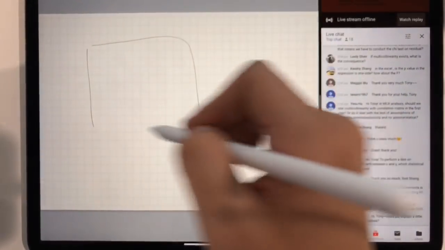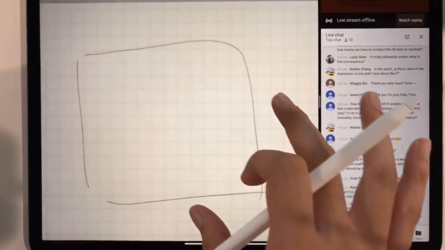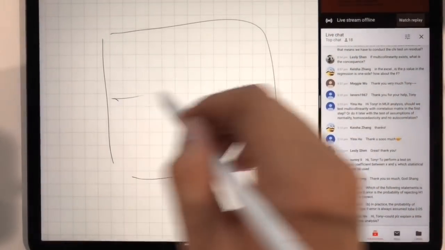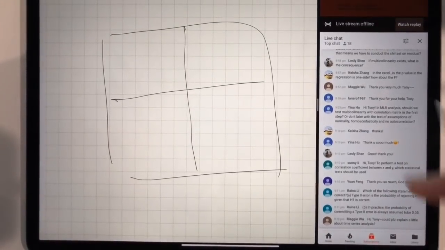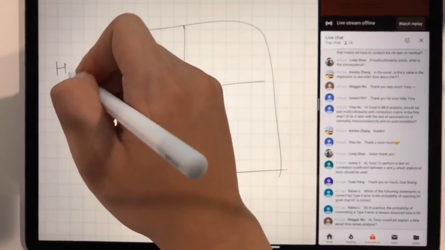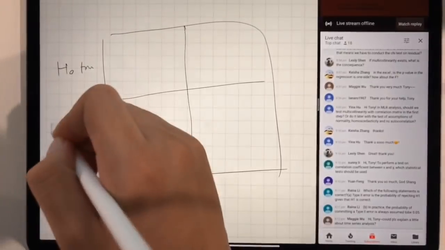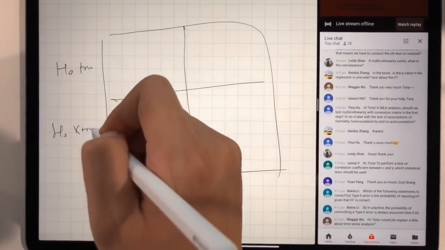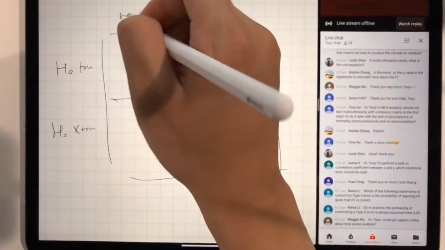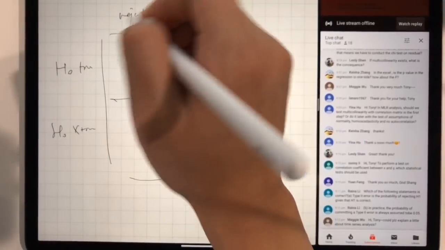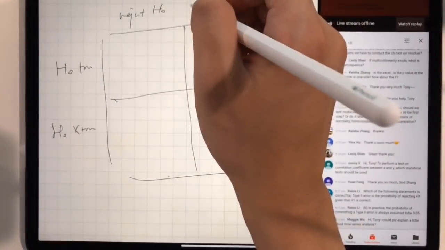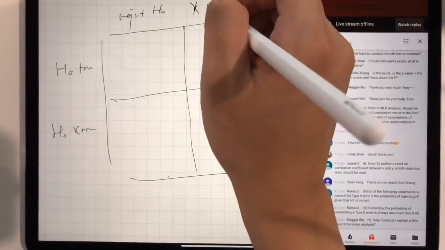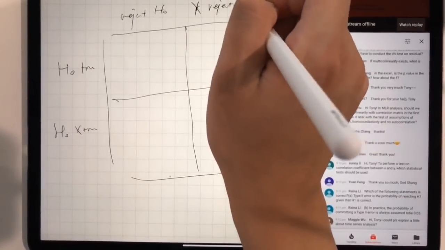So I can draw you a matrix of this kind of error. We basically have two scenarios: H0 is true, H0 is not true. And this is when we reject H0, sorry, and this is do not reject the null hypothesis.